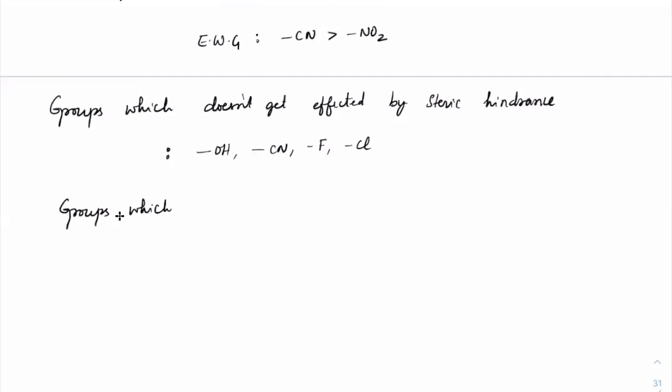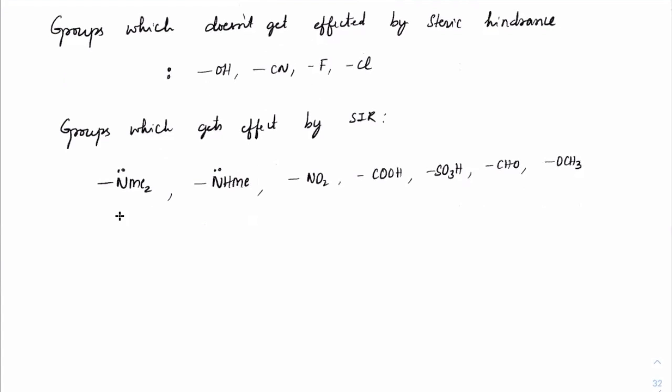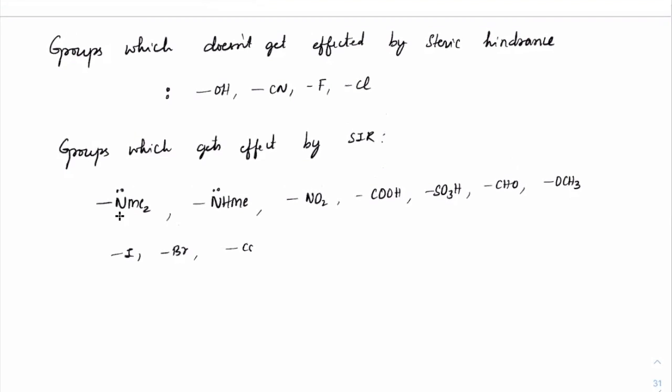But groups which get affected by SIR, that would be all of these: NMe2, NHMe, got it, NO2, COOH, SO3H, CHO, OCH3, iodine, bromine, COOR.